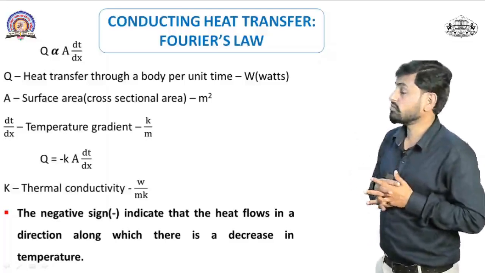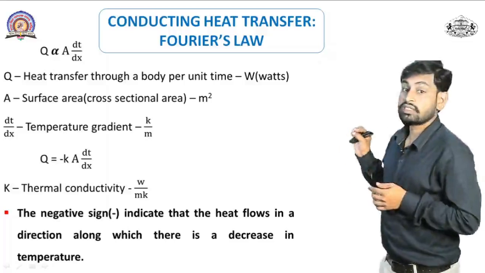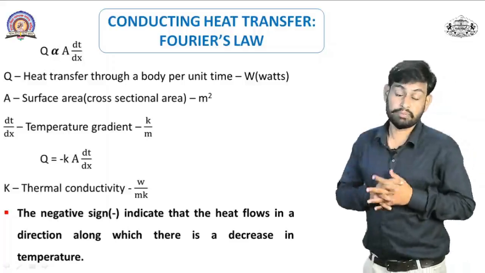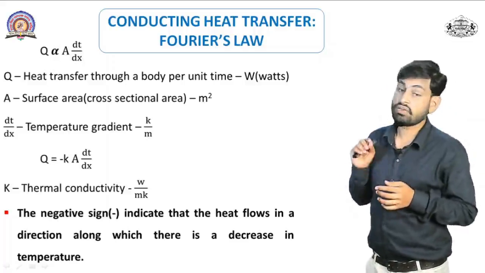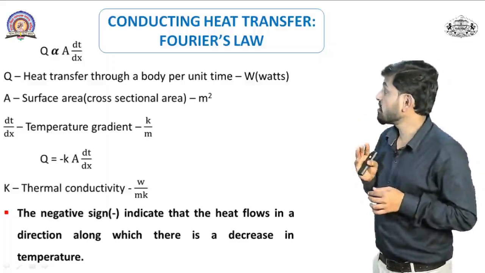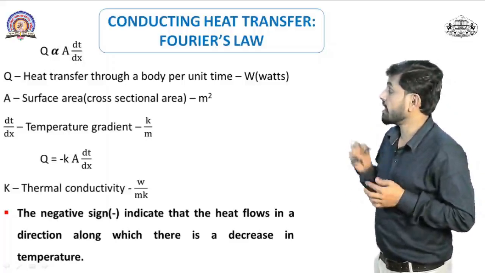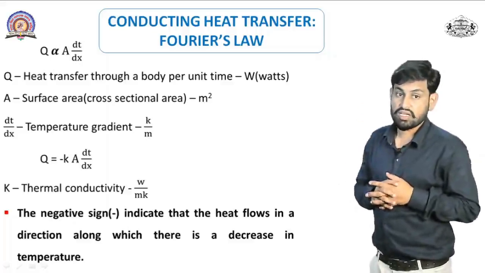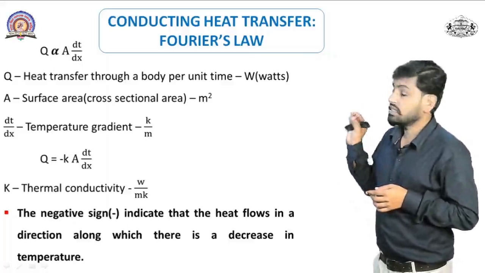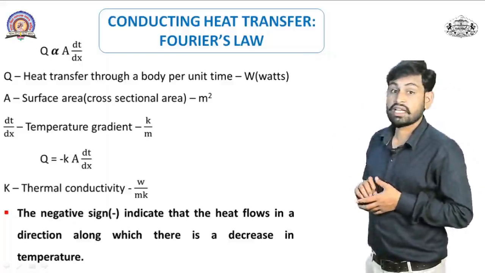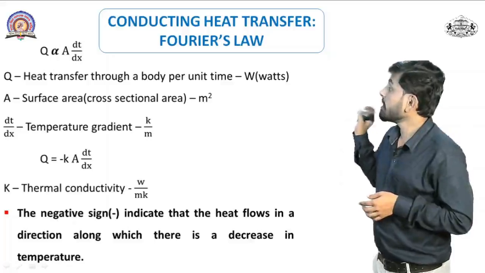Q is the heat transfer through a body per unit time, in watts. A is the surface area or cross-sectional area, in meter square. dT by dx is the temperature gradient, in K per m.